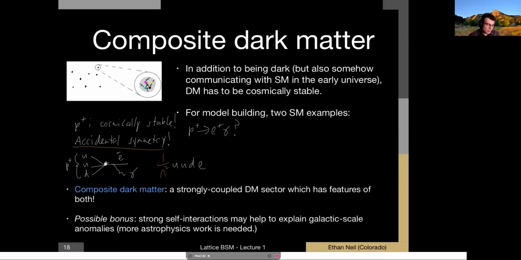It just so happens that if you write the operator down, the dimension of it is too high for it to exist in a renormalizable theory, and it's suppressed by whatever the cutoff is. Another way to think of it is, if you think the standard model is an EFT, this cutoff is the scale at which whatever new physics appears. So we need new physics for this to proceed.